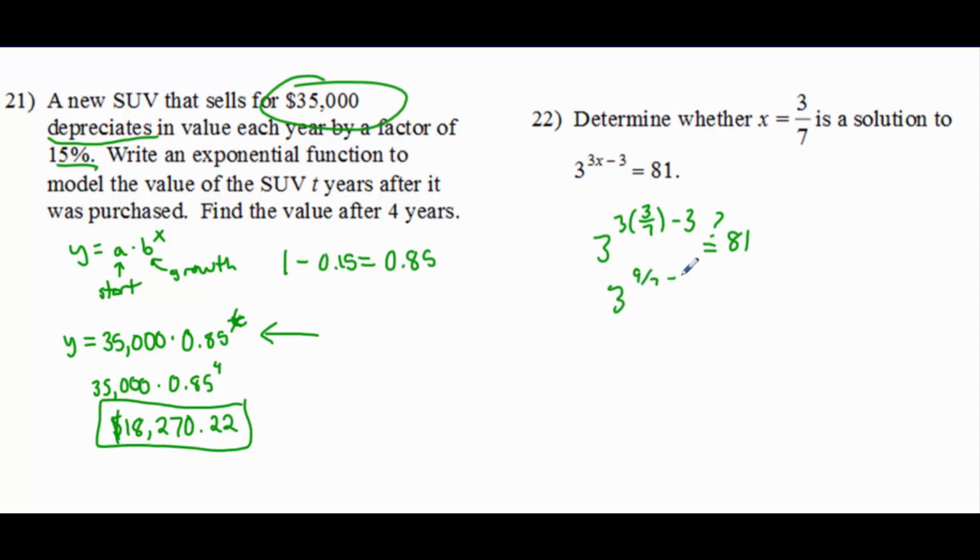Like, this is 9/7 minus 3. And 9/7 minus 3 is something completely ridiculous that is not 4, which is what we would need, because 81 is 3 to the 4th. And so it's not going to be equal. And because of that, we would say no or not a solution.